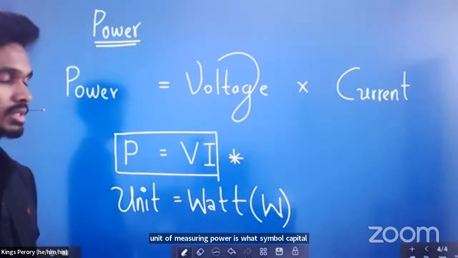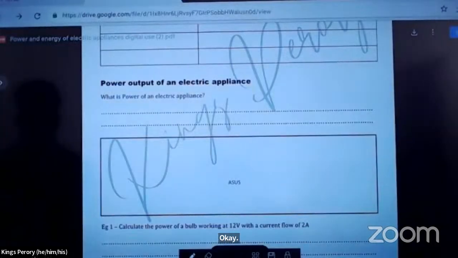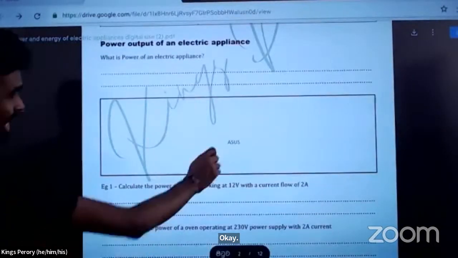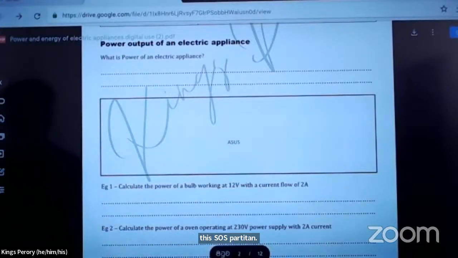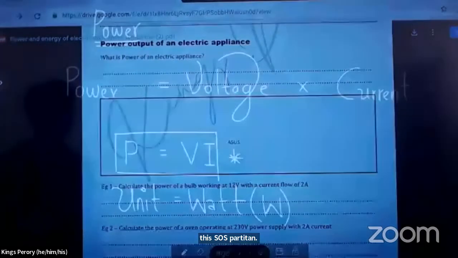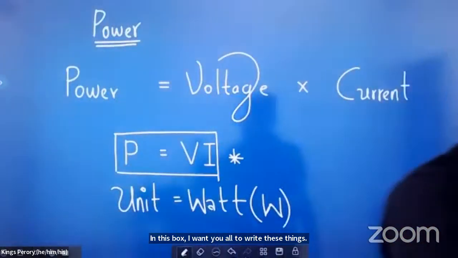Okay. In the tute, there is a box given. This part, cut it. In this box, I want you all to write these things. Put it to the mind and write. Don't just look and write.